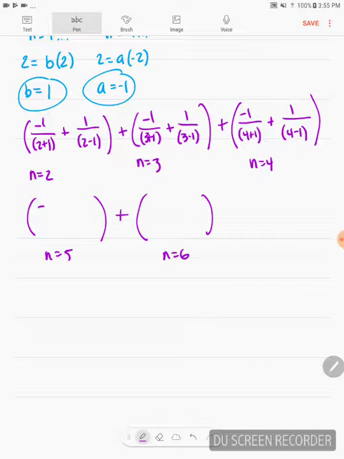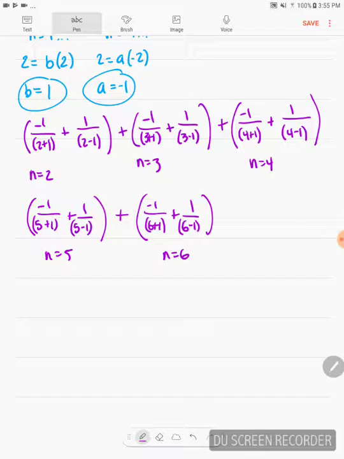All right, negative 1 over 5 plus 1 plus 1 over 5 minus 1, negative 1 over 6 plus 1 plus 1 over 6 minus 1. Awesome.